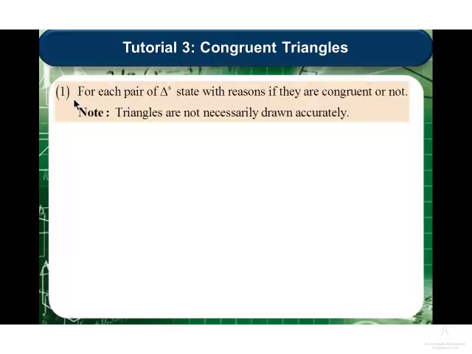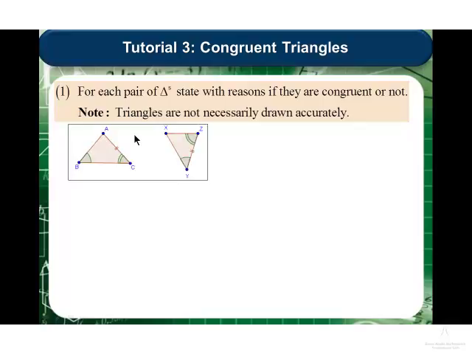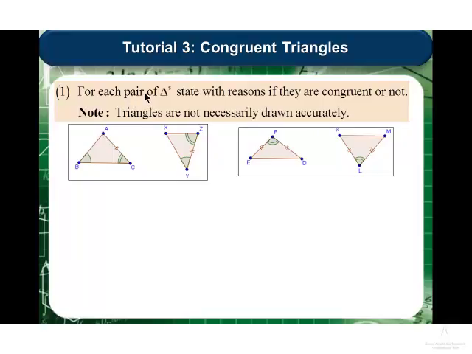In tutorial 3, you will be given the chance to solve some problems dealing with congruent triangles. In problem number 1, we have pairs of triangles given, two pairs as indicated on the screen, and for each pair of triangles you have to state with reasons if they are congruent or not.